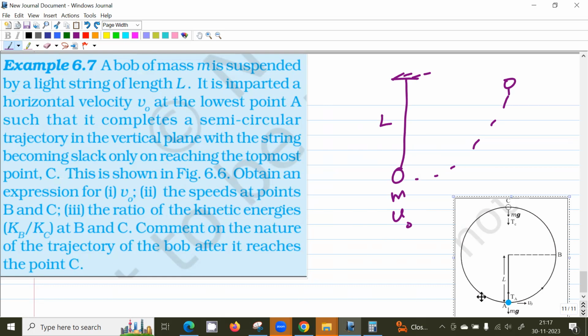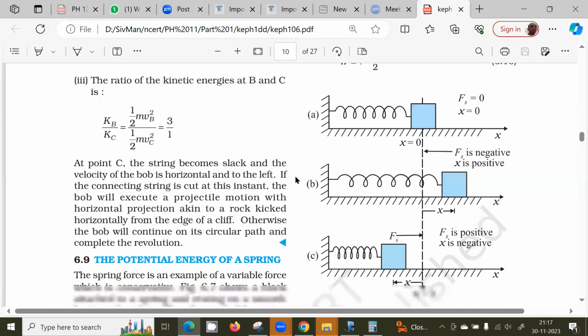Speeds at points B and C. Okay. Come up with the nature of the trajectory. To complete the circle, that's the nature of the trajectory. Distance.